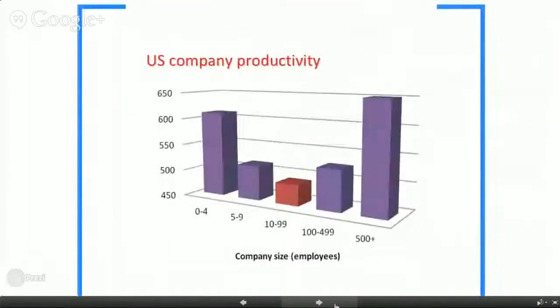In fact, if you plot company productivity by company size in the US, and there's no reason to assume that this is any different in any other part of the world, you get this kind of bathtub effect. We're right at the bottom of the bathtub where the water runs out. At the lowest ebb of productivity, companies employing 10 to 100 people. And in these companies, information can be scattered all over the place in different files, different email inboxes, different spreadsheets, and of course in Sage 50 accounting over in the finance team.